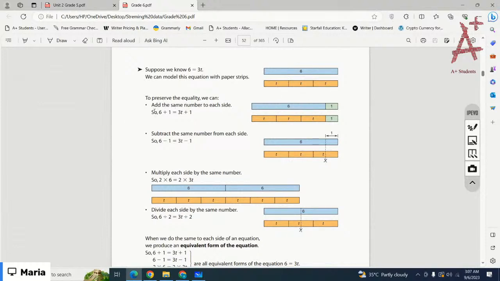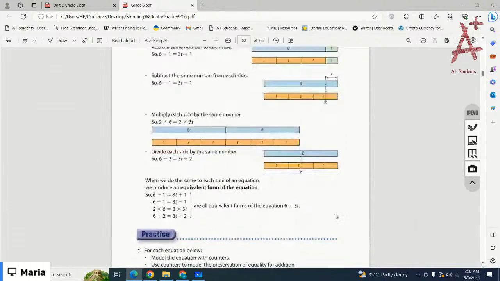To preserve the equality, we can add the same number to each side. Like if you added 1 to this side, you have to add 1 to this side also, right? Subtract the same number. These are equivalent forms of the equations. You added 1 to both sides, you subtracted 1 from both sides, you multiplied both sides, you divided both sides. They are equivalent forms of the equations, right?